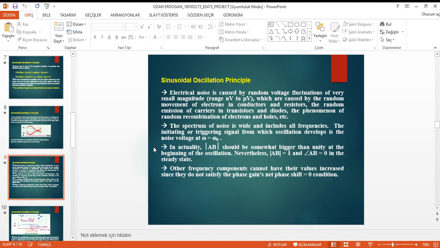Other frequency components cannot have their values increased since they don't satisfy the zero net phase shift condition.